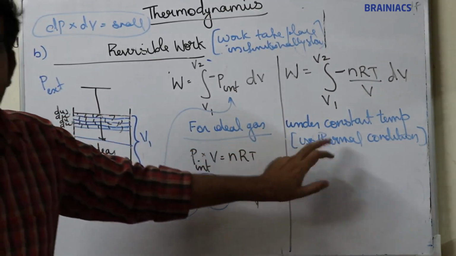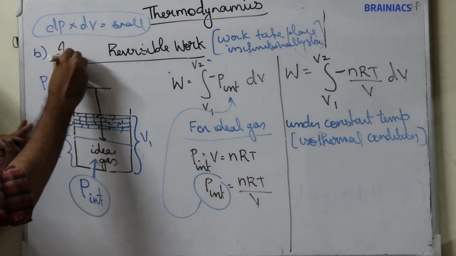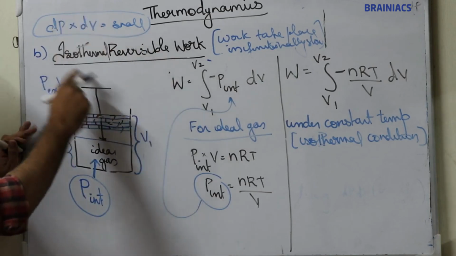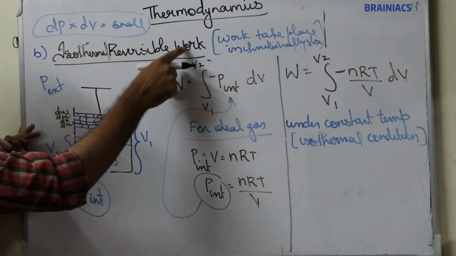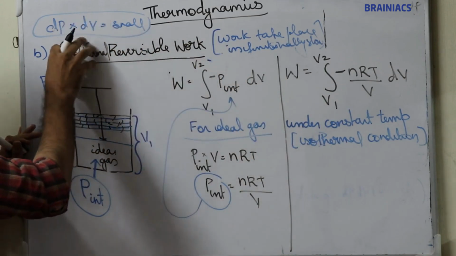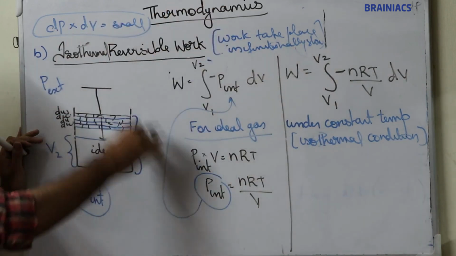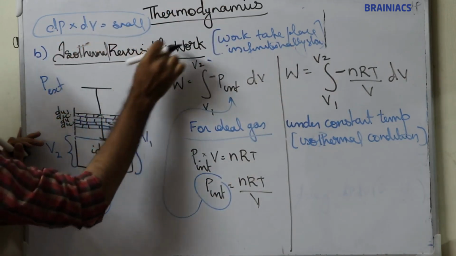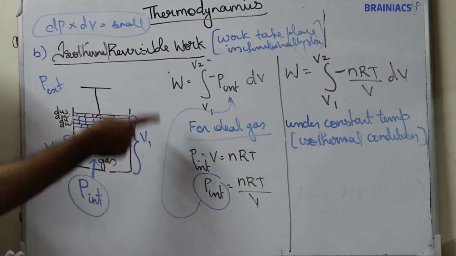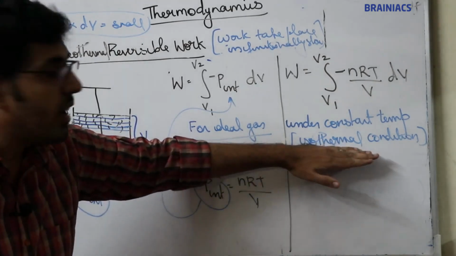So I am writing one more term here, isothermal. We are going to derive the equation for isothermal reversible work, because we are doing this work under isothermal condition.